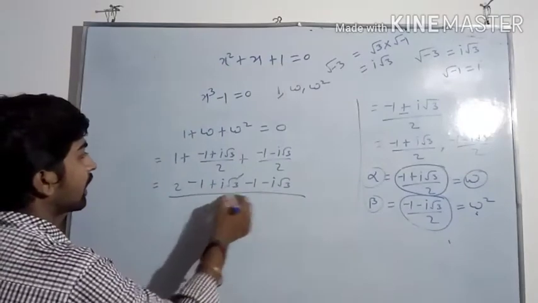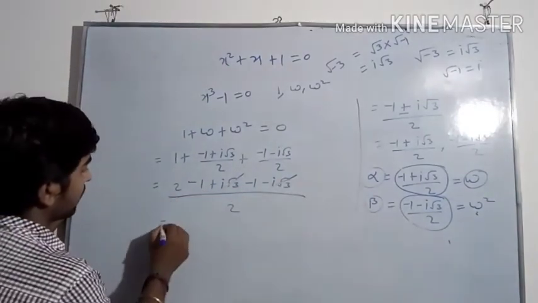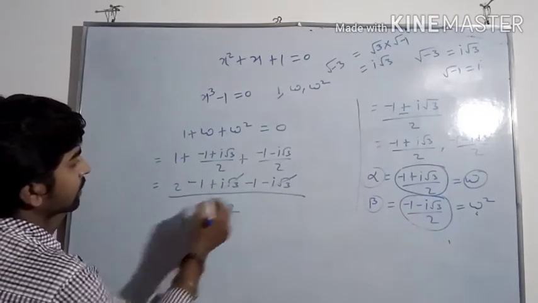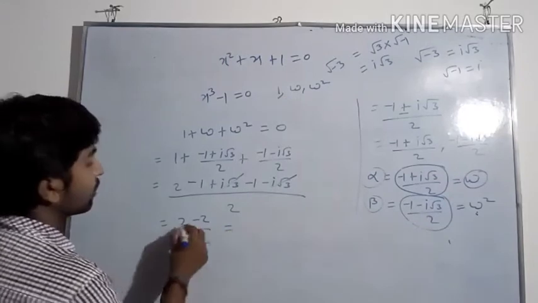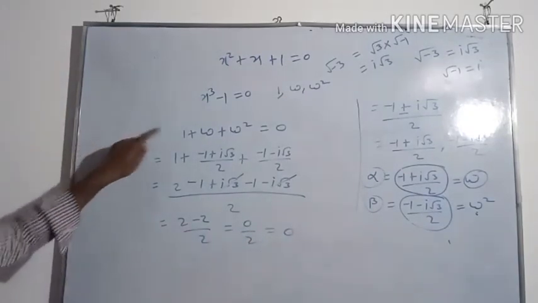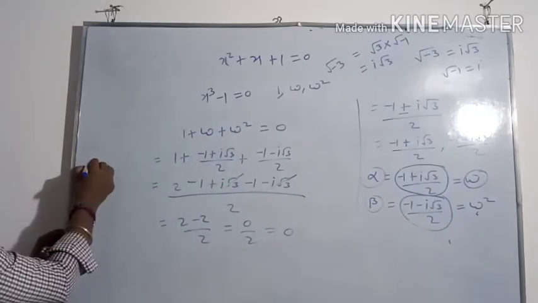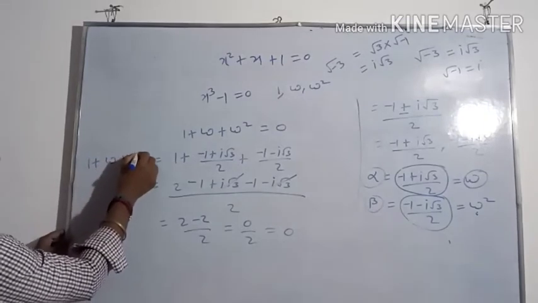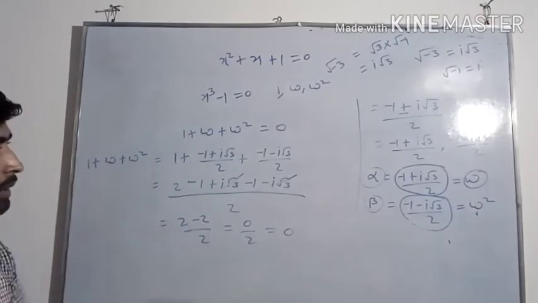I under root 3 and minus I under root 3 will cancel out, and we get 2 minus 1 minus 1, that is 2 minus 2 upon 2, equals to 0 upon 2, equals to 0. It means that 1 plus omega plus omega square equals to 0. Now we have proved.